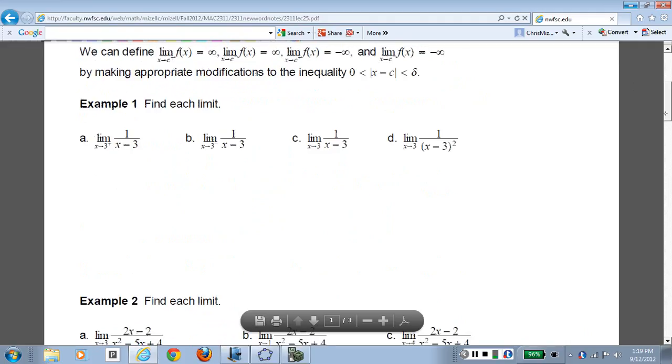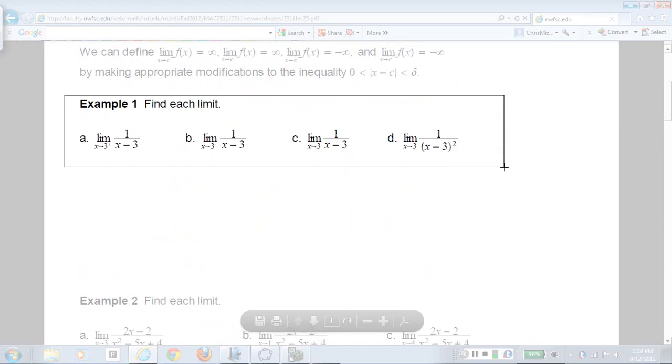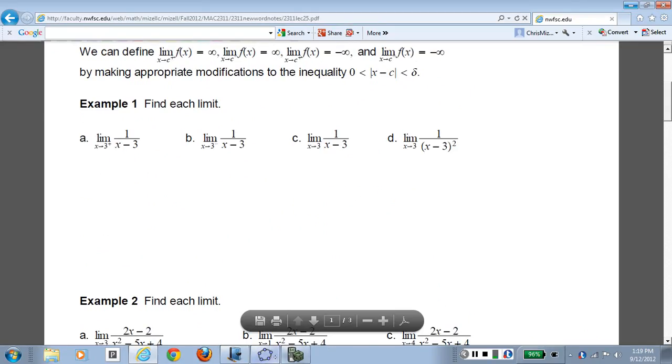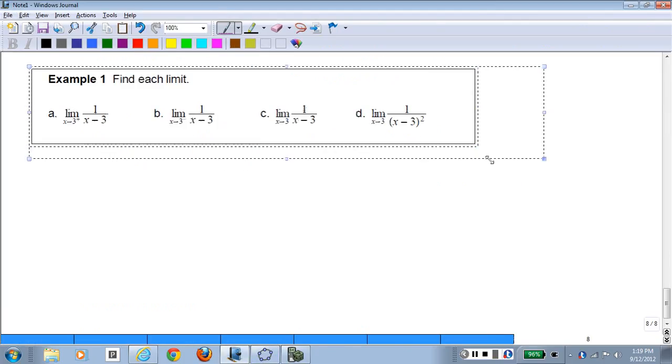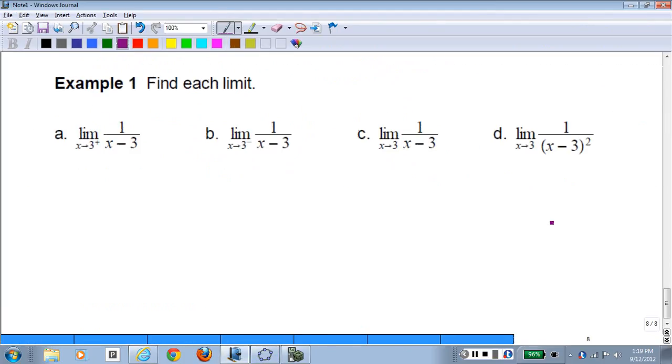Example 1, let's be as specific as possible here. We are talking about the one-sided limit here for the first couple of them. x approaches 3 just from the right. We could draw the graph, and I think it would become clear, but hopefully it's clear enough without the graph.